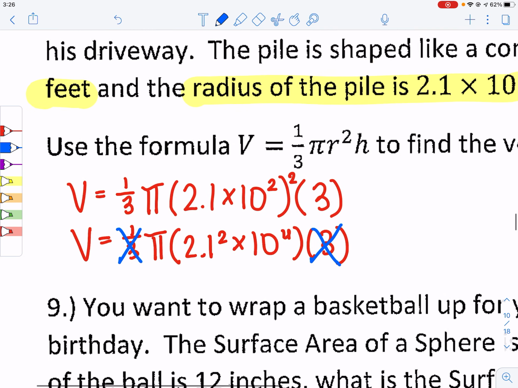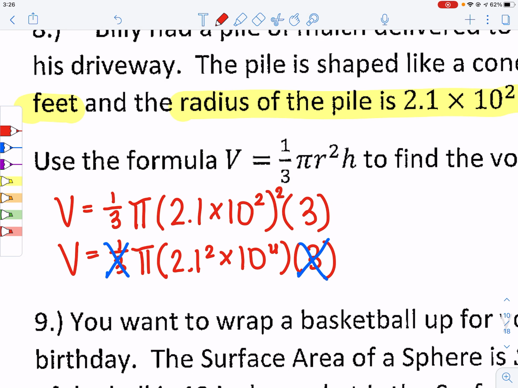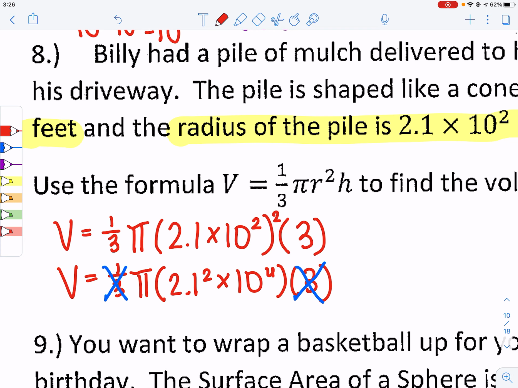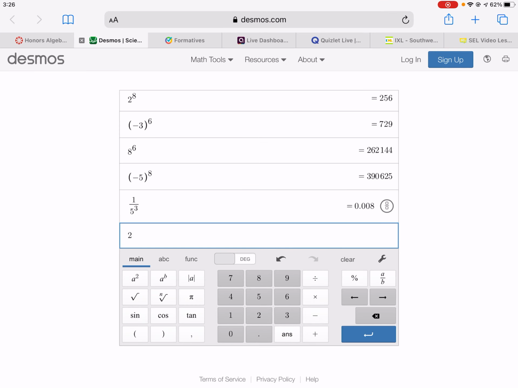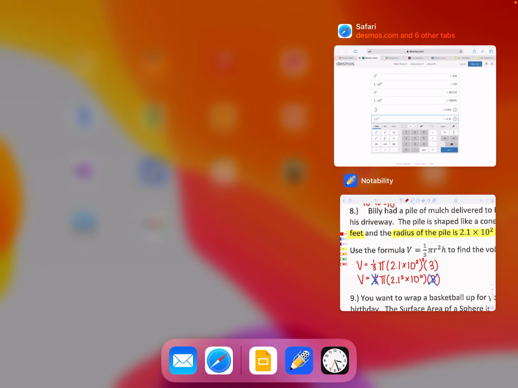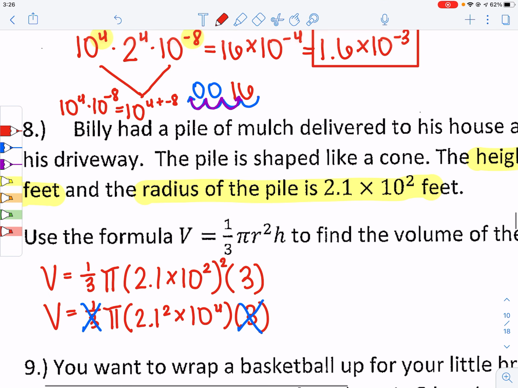Those are gone. So my next step, let's go ahead and multiply 2.1 squared, and you can just do that in your Desmos again. So 2.1, and then there actually is a squared button here. So you can just push that squared button, and you get 4.41. Okay, so my volume right now is 4.41 times 10 to the fourth.